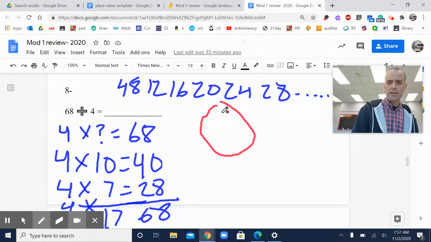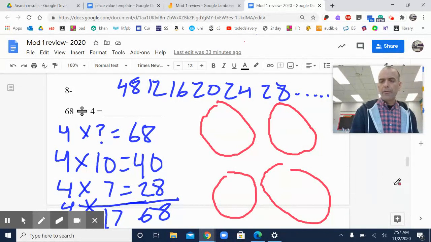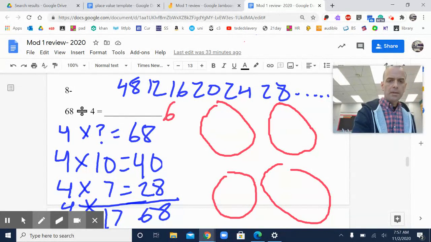The other way you could do is, I haven't taught this, but you've known this since second grade. You could draw 4 circles, right? Because we're doing 68 divided by 4. And so if we're trying to put 68 into here, you could basically do my multiplication strategy and put 10 in each.